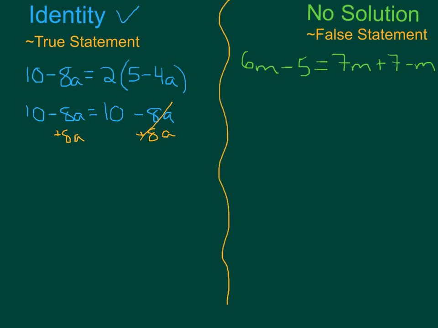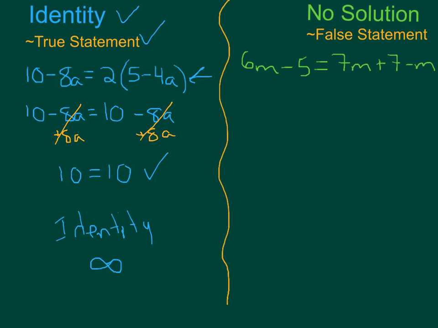And in this case, your variable cancels on both sides and you are left with 10 equals 10. So our variables canceled out and you get a true statement, which makes this an identity, which also means that in the original equation there are an infinite number of solutions.